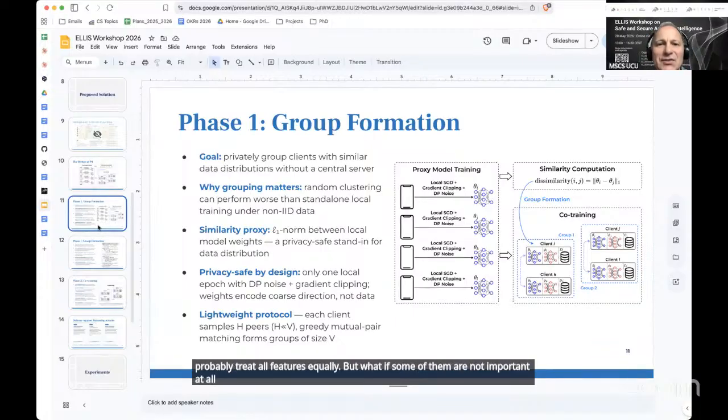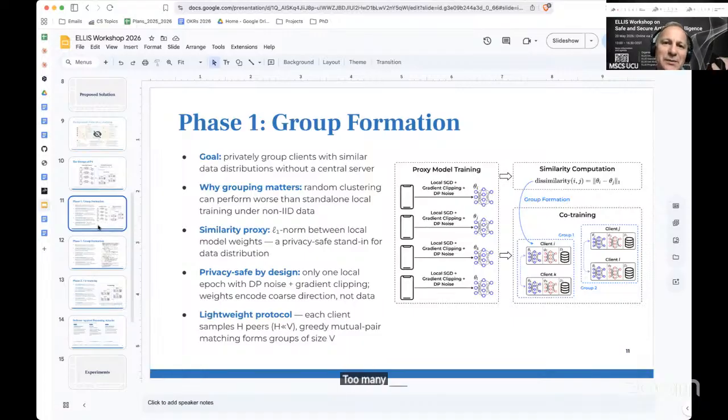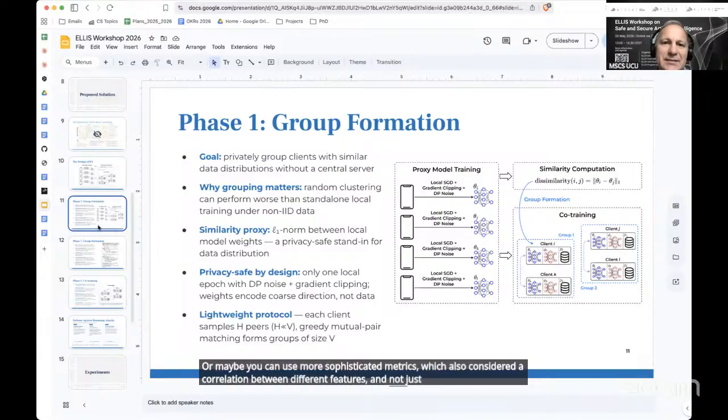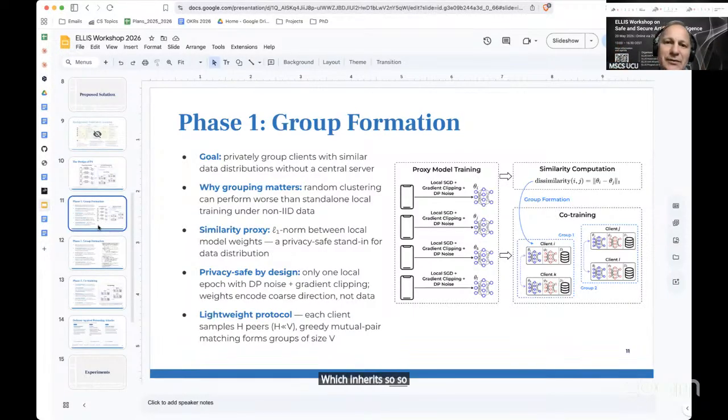Then it creates too many groups, which is probably not desired. Or maybe you can use more sophisticated metrics, which also consider a correlation between different features, so not just Euclidean distance, but something which, say, is trained on the distribution itself.